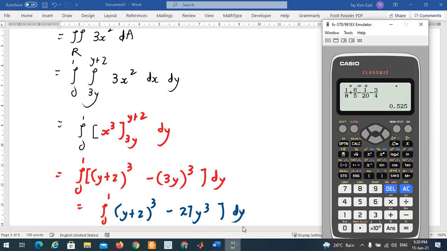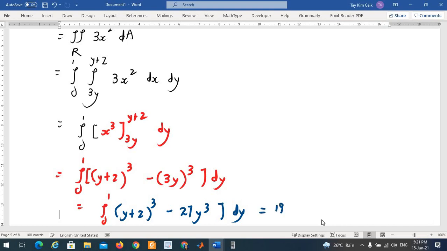And solve it quickly using your scientific calculator. Because in the calculator, you have to change y to x. From 0 to 1, x plus 2 cubed minus 27x cubed dx from 0 to 1. Okay, the answer is 19 over 2.